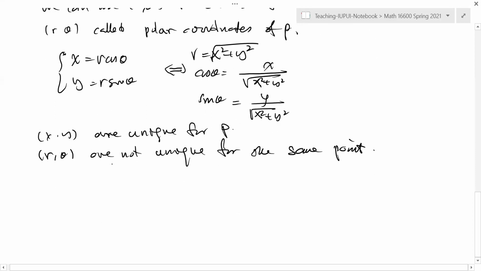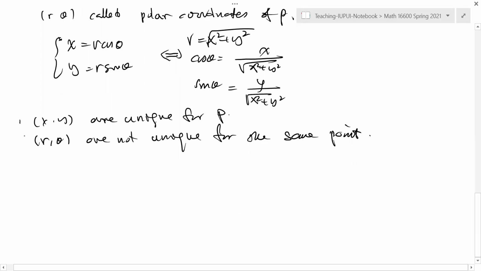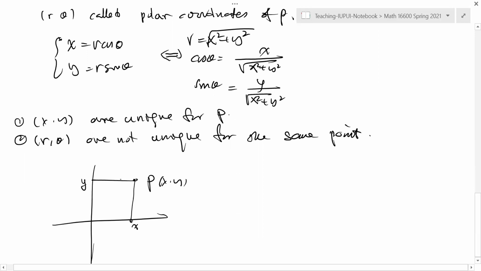Okay, why is r theta not unique? Yeah, these are the two points I want to make. Given a point P, draw the vertical line, you get the x. Draw the horizontal line, you get the y. So that's why x and y are unique. However, for the same point P, here's r, right?